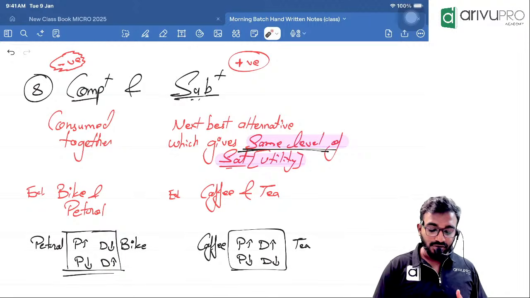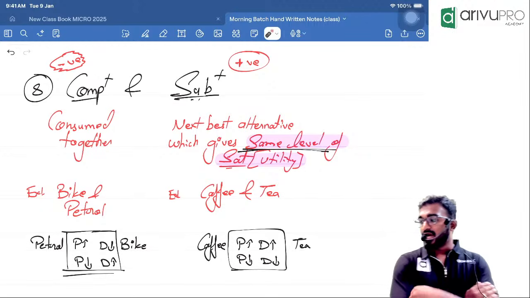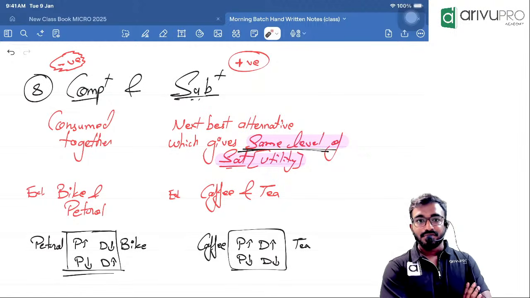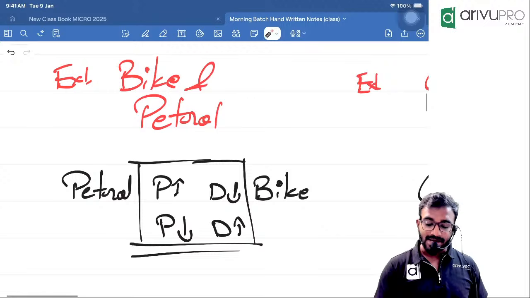Below that, write down, they are inversely related or negatively related. So kindly write down this bike and petrol example.